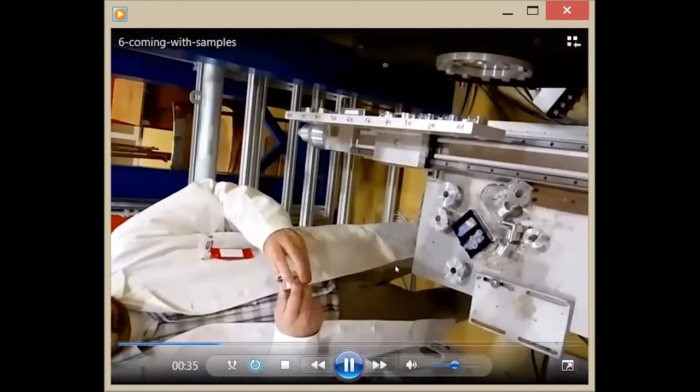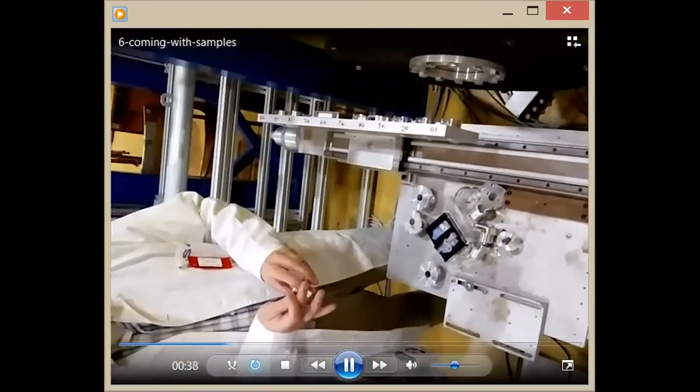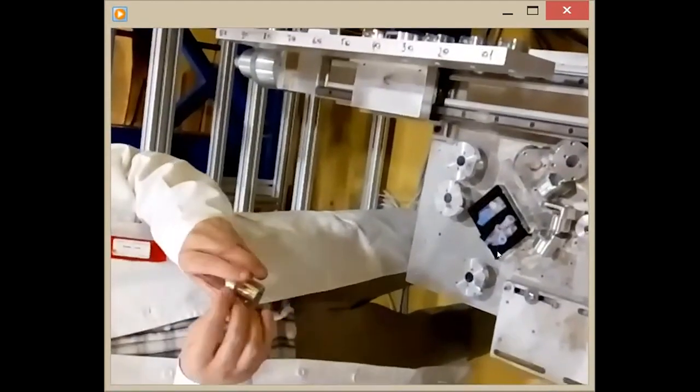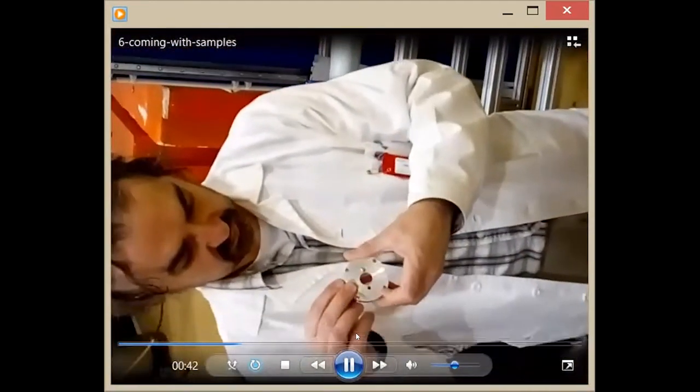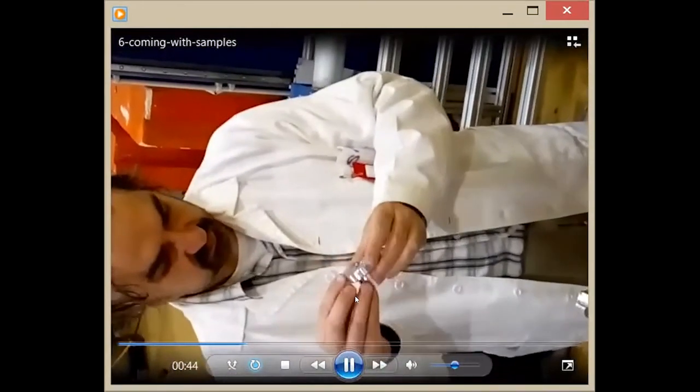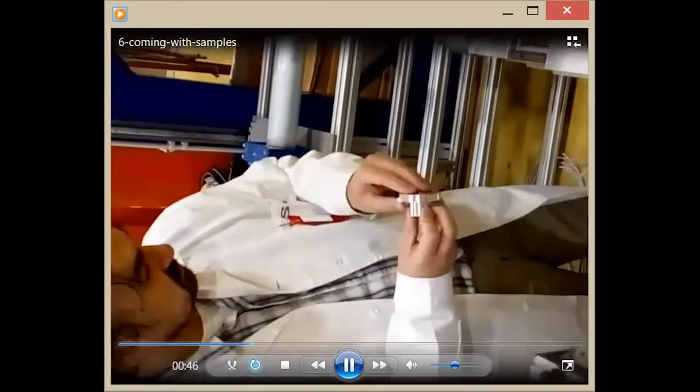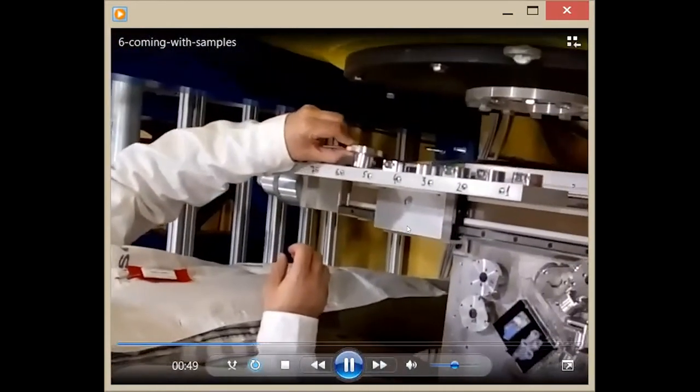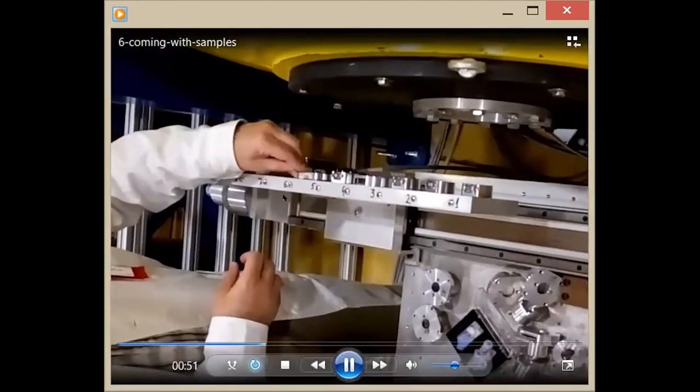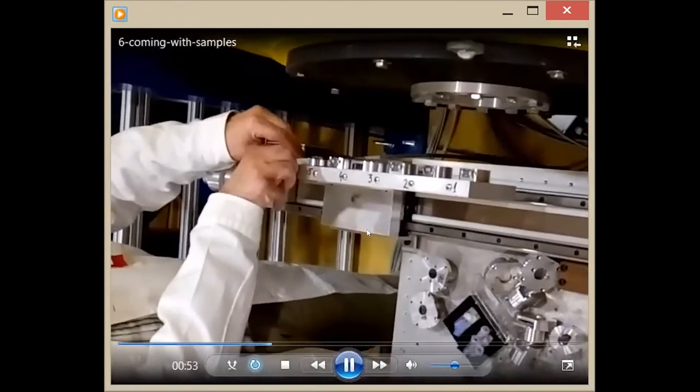Now we are loading samples which are in quartz cells. I have shown you before what we see, and inside there is some colored powder. This is an inorganic xerogel doped with some metal, probably iron oxide.